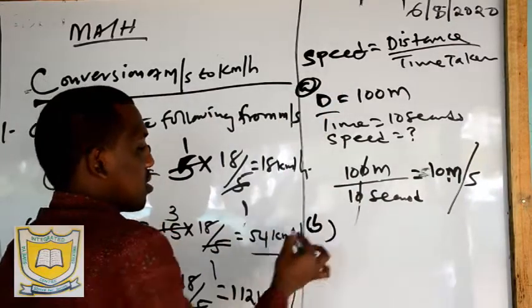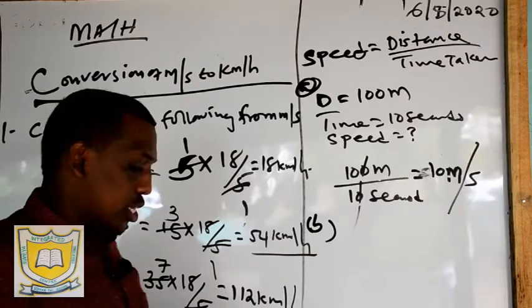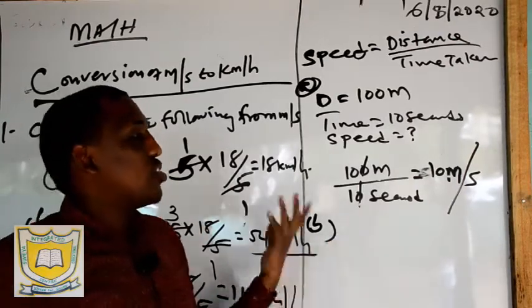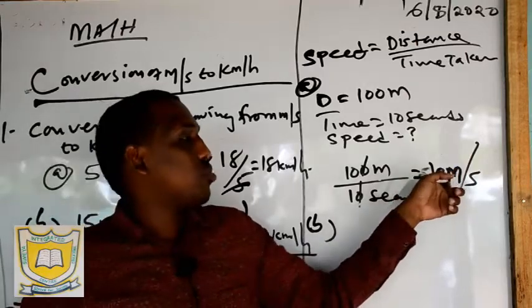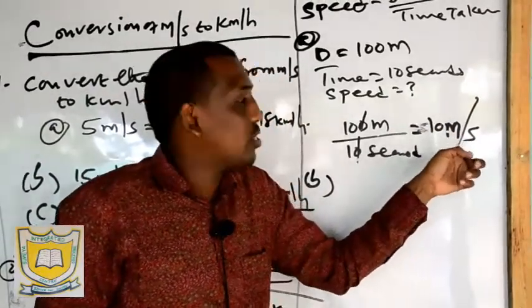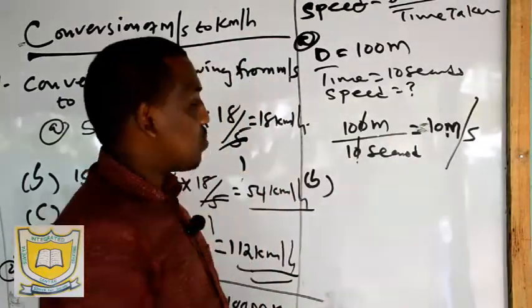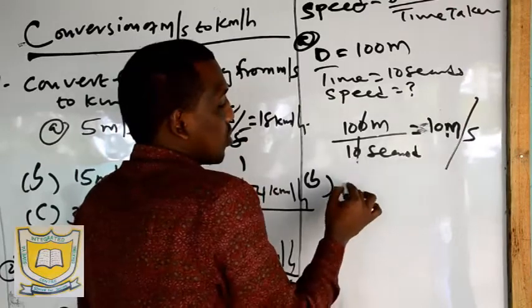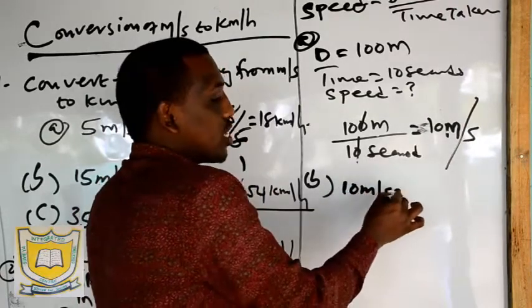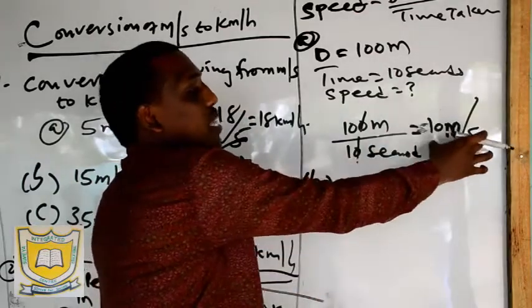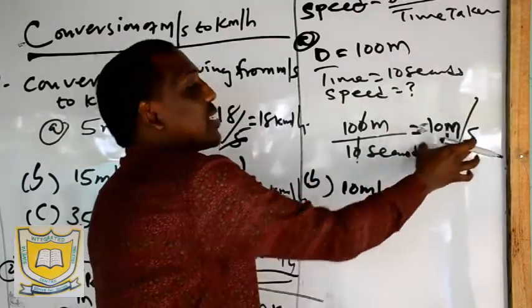Question B, you are told average speed in kilometer per hour. So an easy way: already we have the speed in meters per second. You only change the one of A into kilometer per hour. Question A was asking meter per second, and question B is asking kilometer per hour.